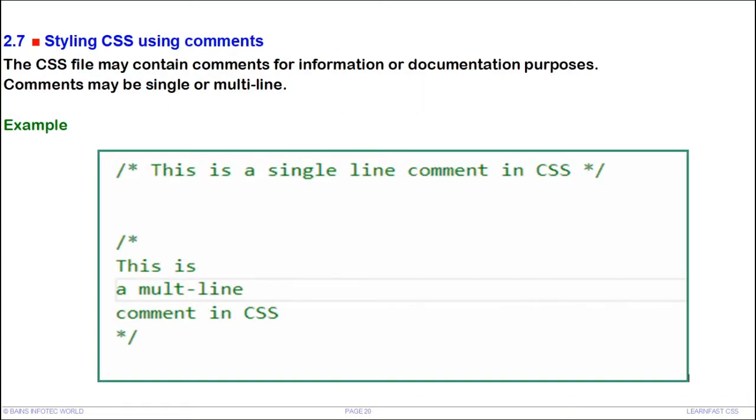Next section. In your CSS document, you can put comments. You may put comments into your CSS file for information or documentation purposes, to describe who's written the document and what the document contains, what different parts of the CSS code are used for, and the purpose and the meaning of each block or section.